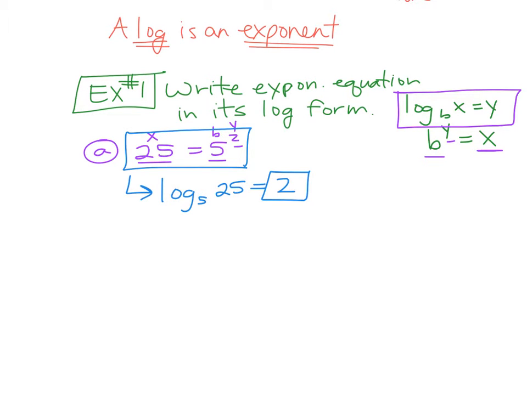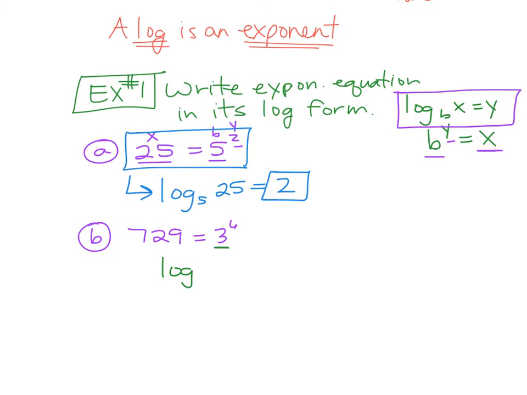Okay? How about this one? If I give you 729 equals 3 to the 6th power, that's going to be log. What's my base? What's my subscript, my little number? The 3, okay? Remember, if we're talking powers, that's my base, and the 6 is my exponent, right?